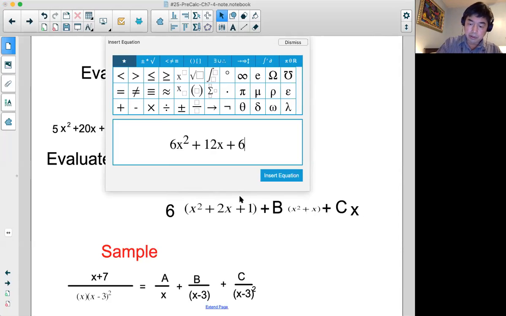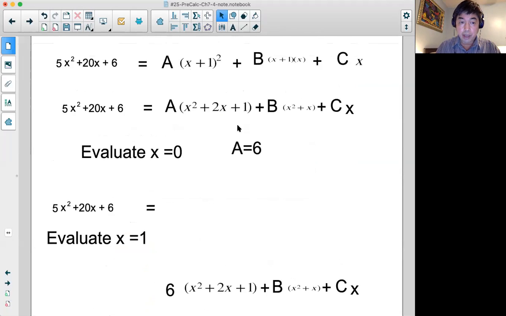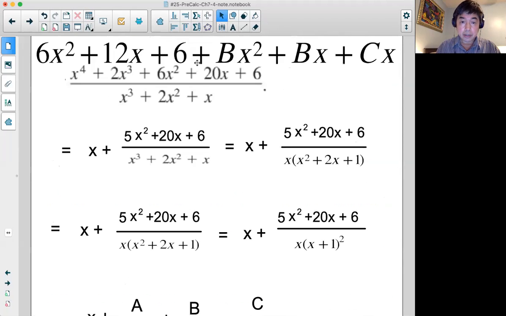Okay, the second polynomial is b times x squared is bx squared, plus bx, plus cx. Okay, that's what you get after you solve for a, so this one comes down here.